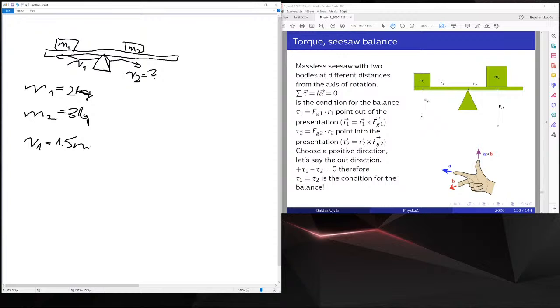Perhaps you have a formula in your pocket that can solve it easily, but I can also ask what the torque tau 1 is.